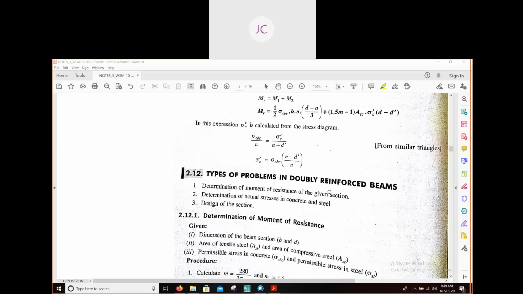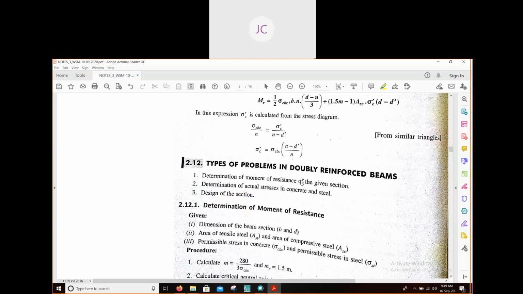You can see determination of moment of resistance of the given section, as we have discussed in single reinforced beam also. In the first kind of problems you will be asked to find out moment of resistance. In the second type of problem you have to find out the actual stresses, and in the third type, which is the most important one, design the section.